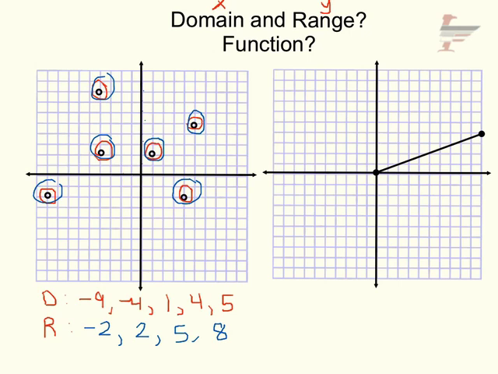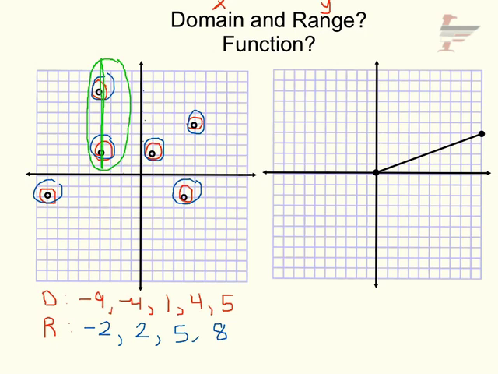Then, is this a function? Remember that for each input or domain value, you should have exactly one output or range value. Right away we can see it. I'll use yet a different color. Right here, if I do the vertical line test, I'm going to go through the same point twice, which you can't do.